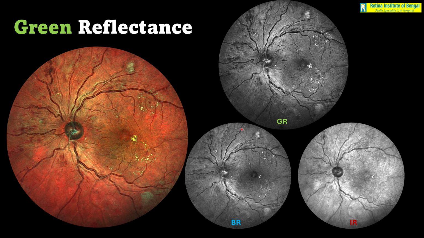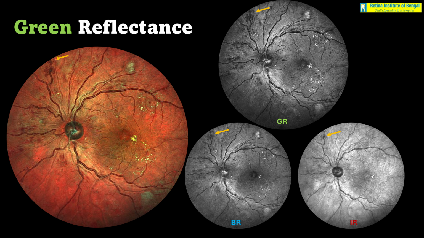So for example, in a patient with diabetic retinopathy, if we compare the green reflectance image with the blue reflectance and infrared reflectance image, at every stage we'll see that the green reflectance image tells us more about the pathologies in the inner retina than the blue or the infrared reflectance image.